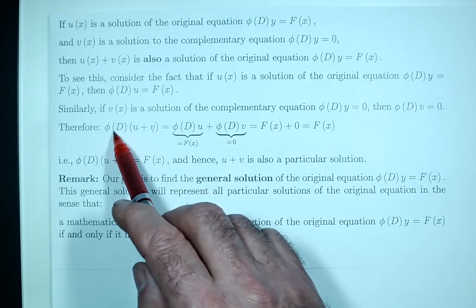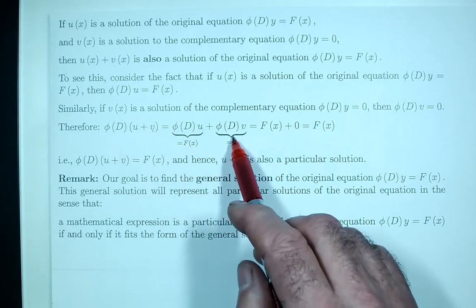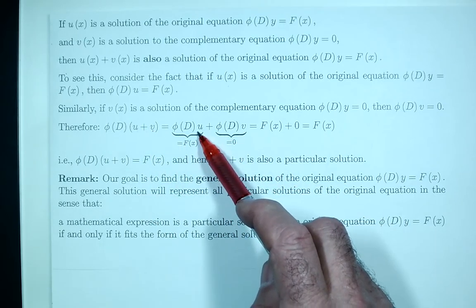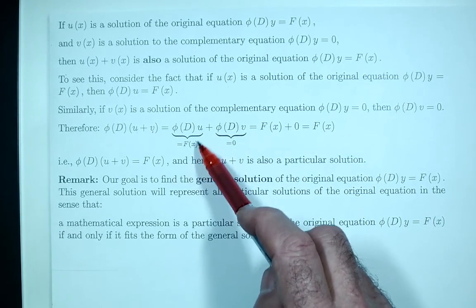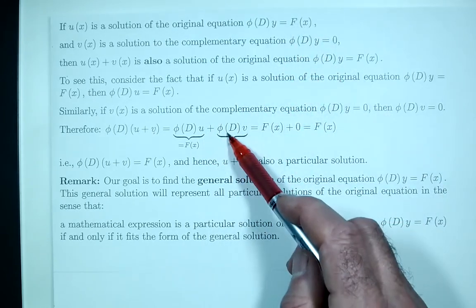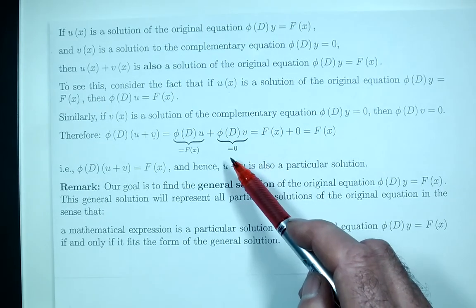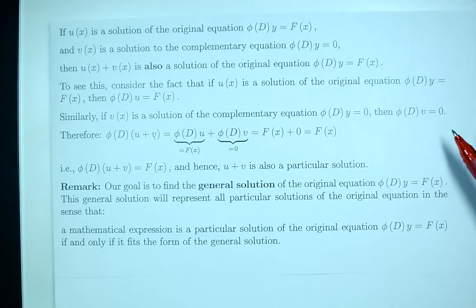We can take phi of D times u and phi of D times v. Well, let's see. Phi of D times u, that's equal to capital F of x, because u is a solution to the original equation. And phi of D v, that's 0, because v is a solution to the complementary equation.